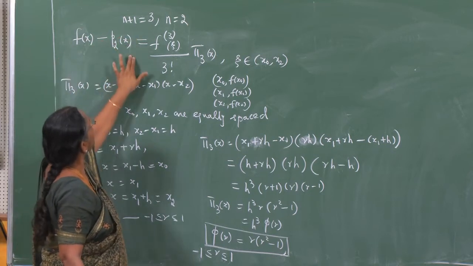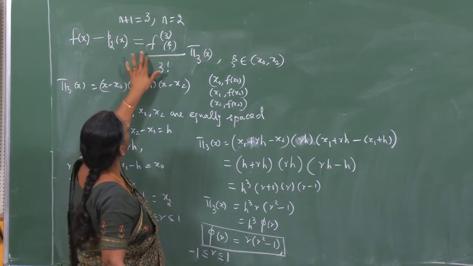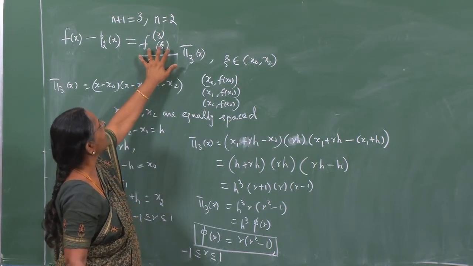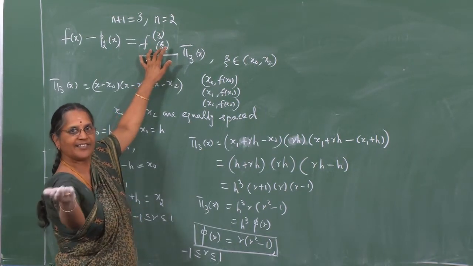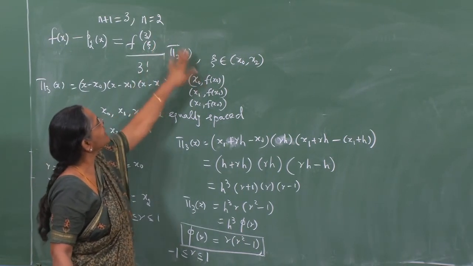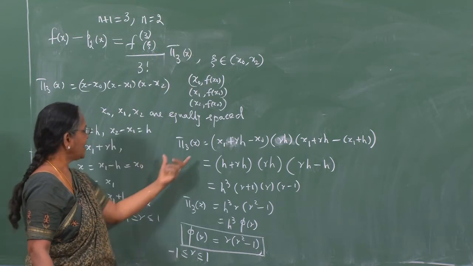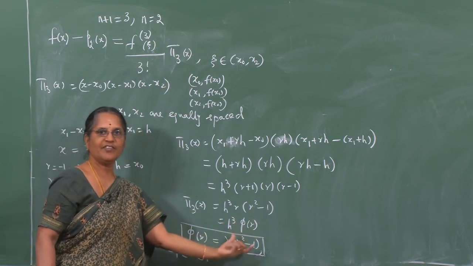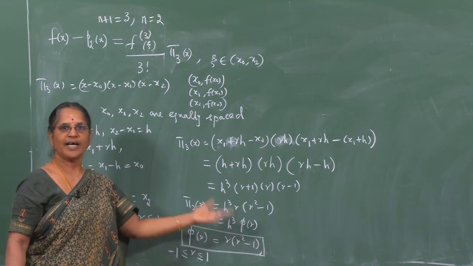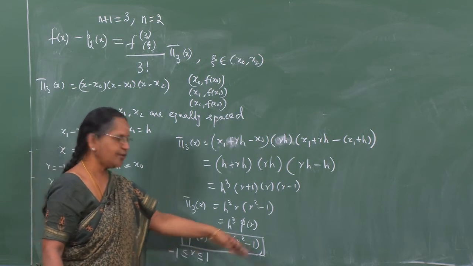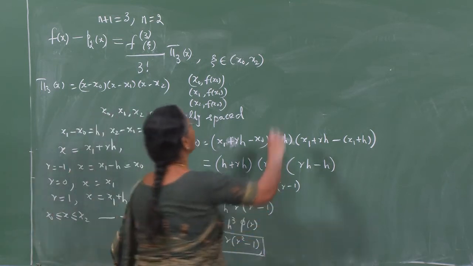Modulus of f of x minus p2 of x is at most the maximum value of the third derivative of f at psi in the interval x0 to x2, divided by 3 factorial, into modulus of pi 3 of x. What is modulus of pi 3 of x? It is h cubed into modulus of phi of r. So, we require the properties of phi of r. What is phi of r? It is r into r square minus 1.